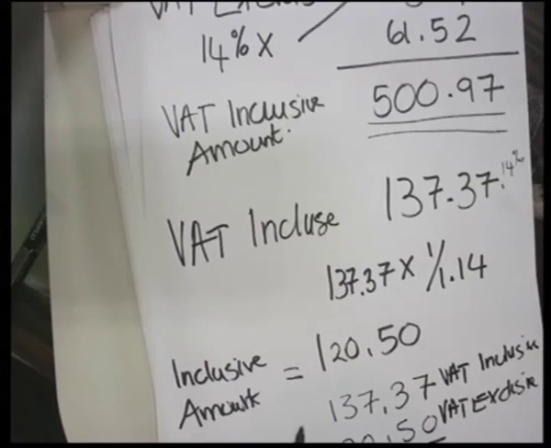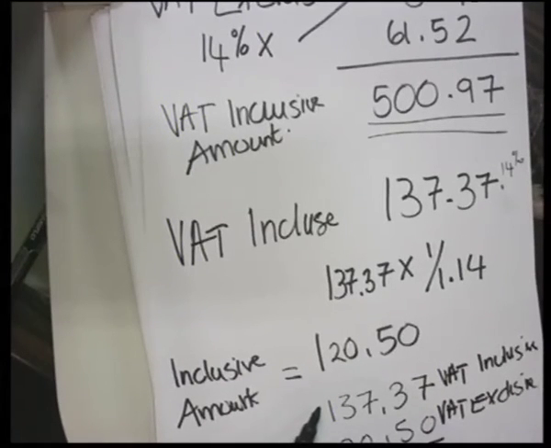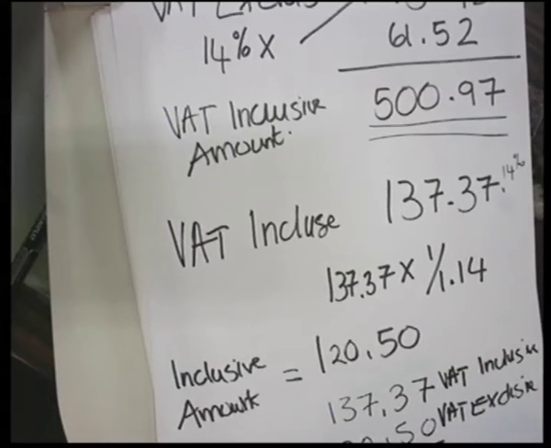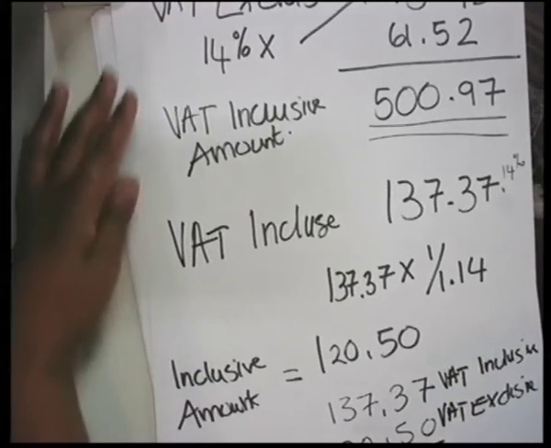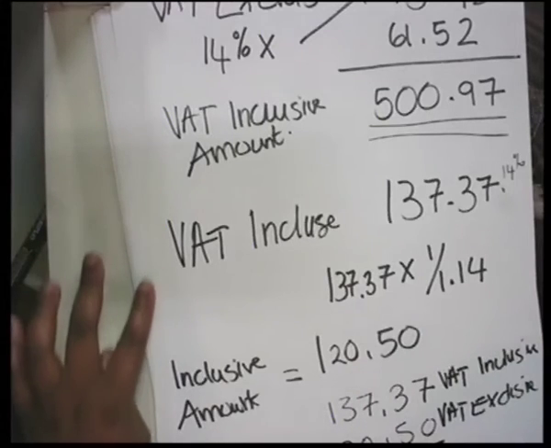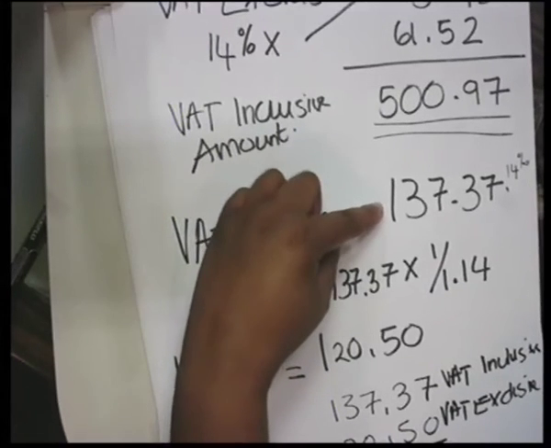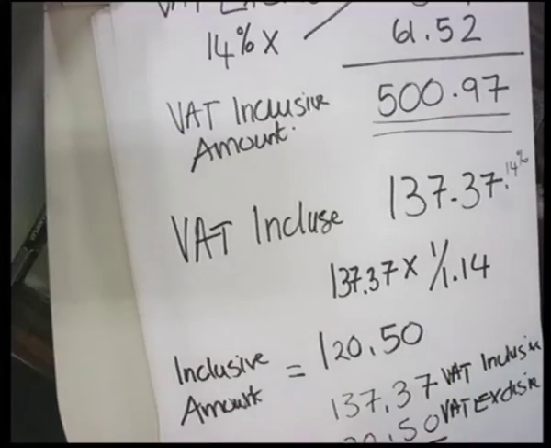Your VAT inclusive amount already has your 14% VAT, and your VAT exclusive amount, 120.50, doesn't have VAT in, and then you will get $16.87. So this is how you calculate all those amounts.